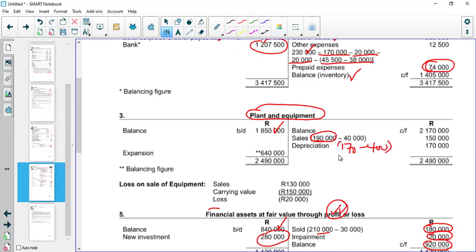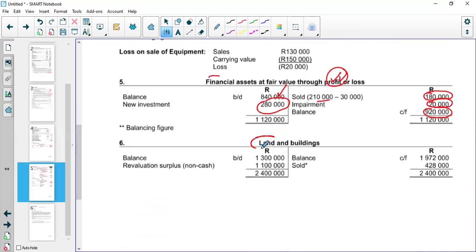We removed 190 and also removed the depreciation. So with the balancing, we are left with 170. So the balance is this. That's the same thing that was done to land and buildings as well. We started with this and we added this, but we see we have a balance of this. So the balancing figure is what was sold.